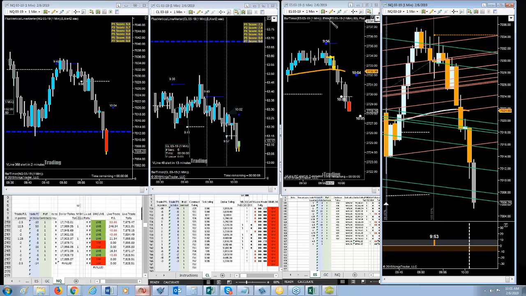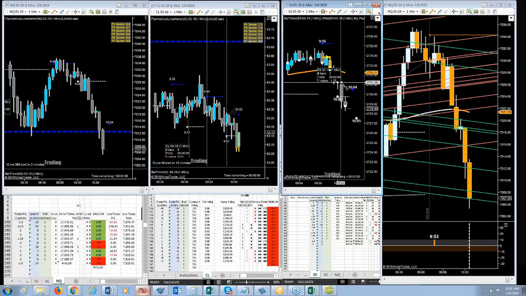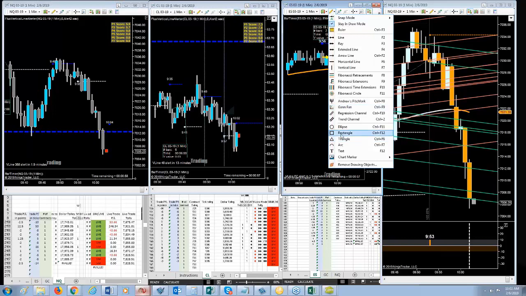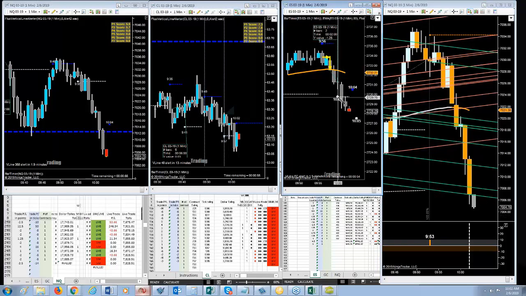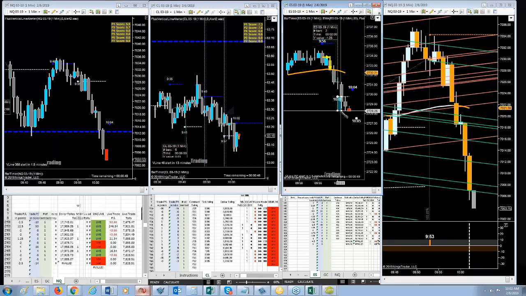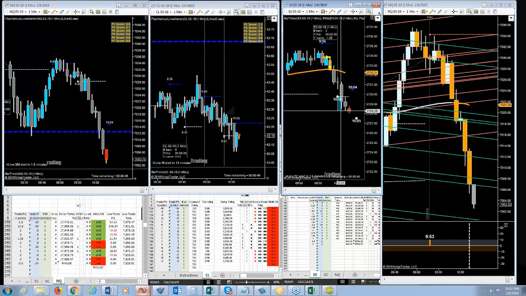Okay, so on the ES, we're going to log that winner right there. It was 1.25. And now we're looking for 6 to 8 ticks underneath this white line. So 29.75, 28.75, 28.25 is 6 ticks.